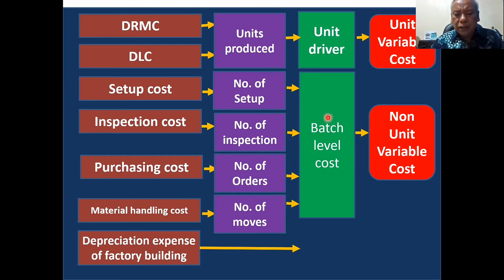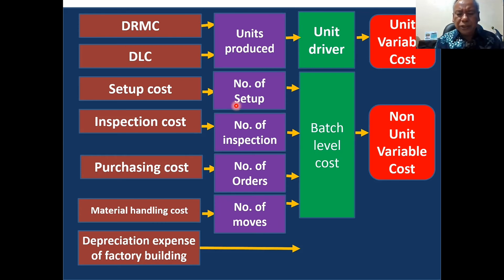So in the functional approach they are classified as fixed costs, but in the activity based cost behavior they are classified as non-unit variable costs. If we redesign the product and need more inspections, more orders, more moves, or more setups, for example, these costs will also change.